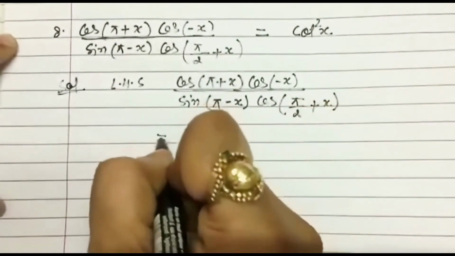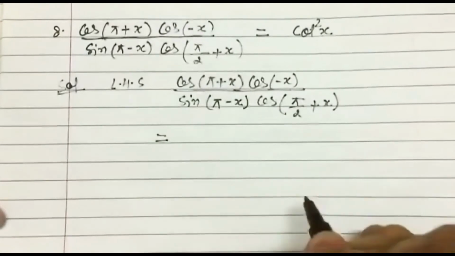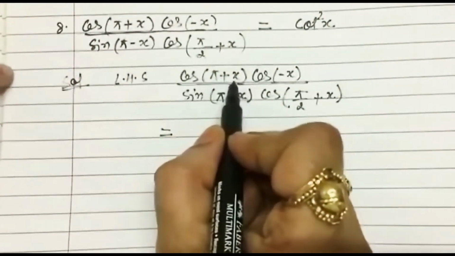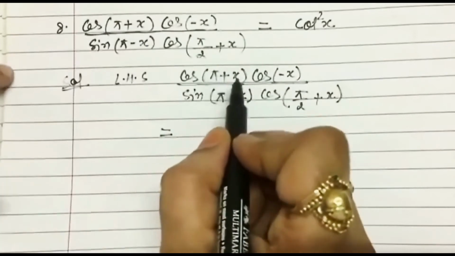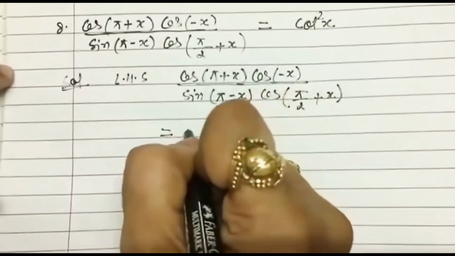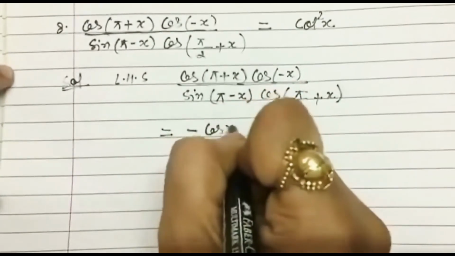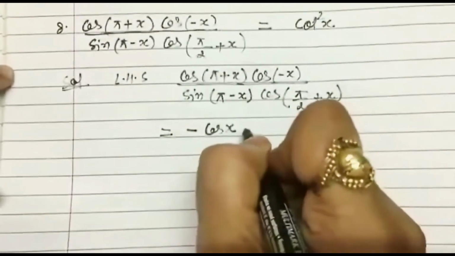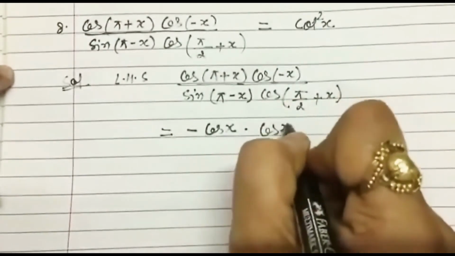Now change the functions according to quadrant. Cos(pi plus x) is in the third quadrant, and cos is negative in the third quadrant, so it's minus cos x. Cos(minus x) is plus cos x.